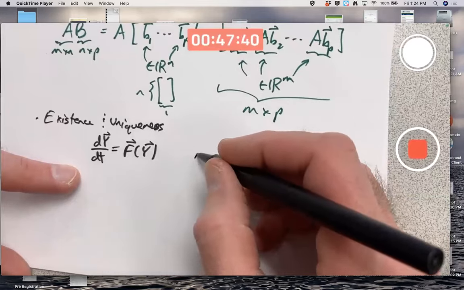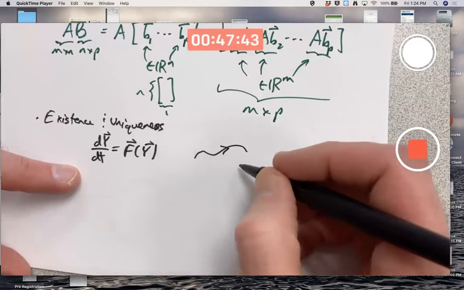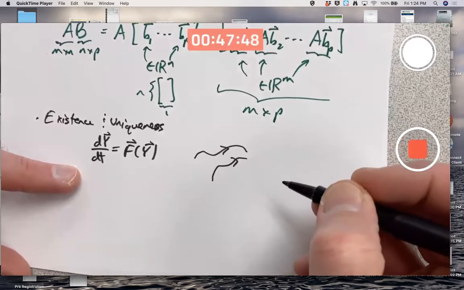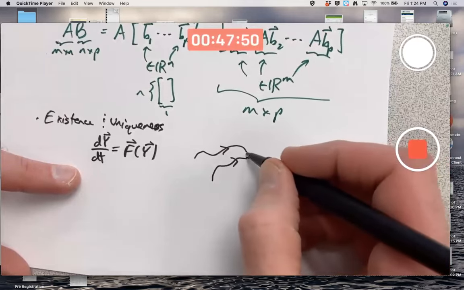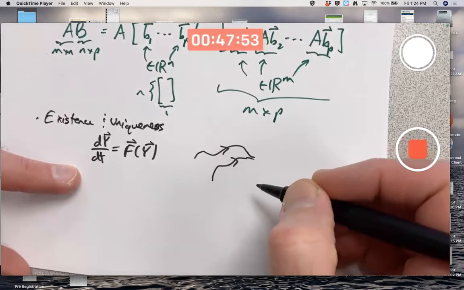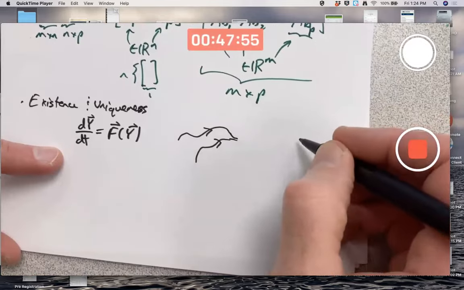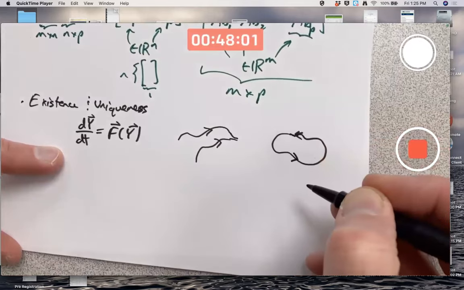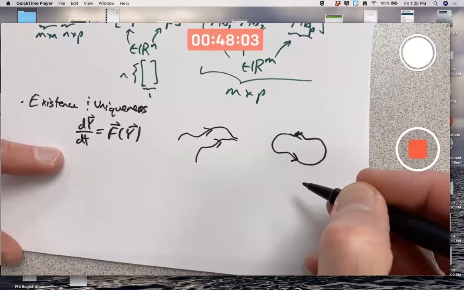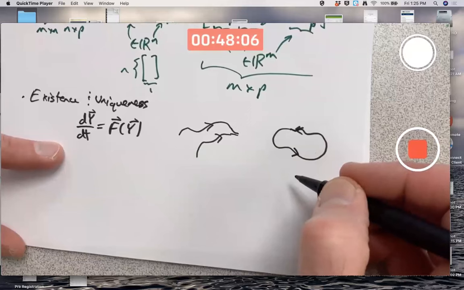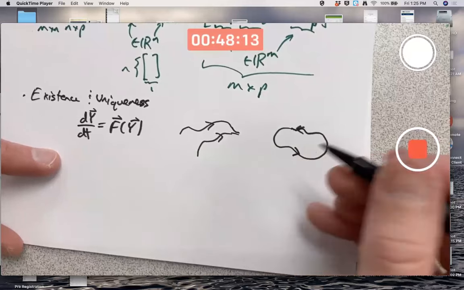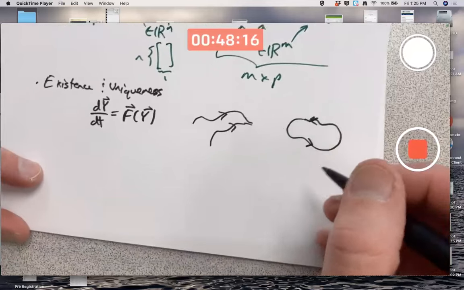It means distinct solution curves in the phase plane, if it's two-dimensional, can't touch each other. They could get arbitrarily close together as t goes to infinity, but they can't touch. Though you can have periodic solutions, a solution can come back to where it starts. And the main interesting example that I talk about in the lectures where that happens is called the Van der Pol system. And I also bring that in when I talk about trapping regions, which you should know the basic idea about as well.